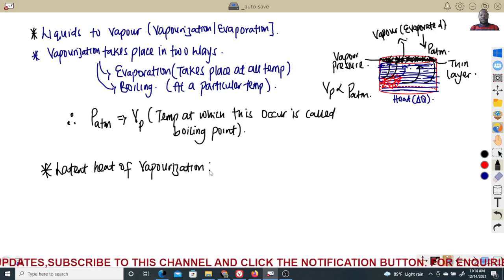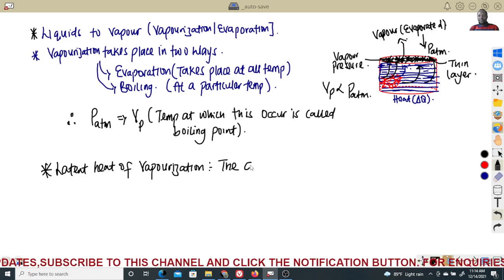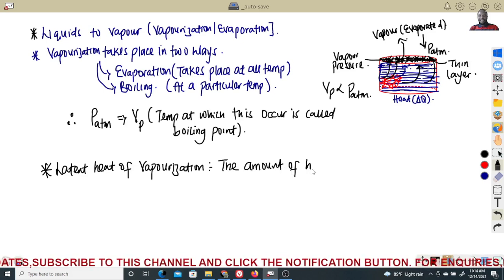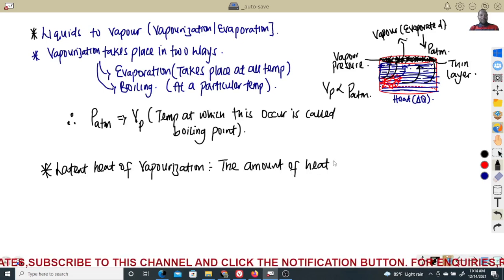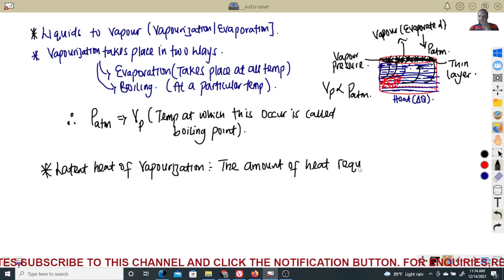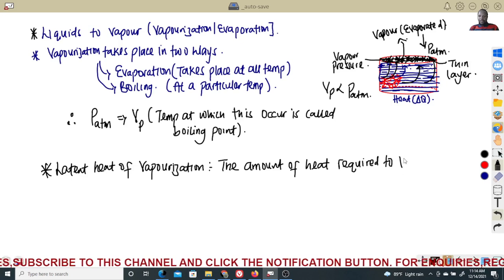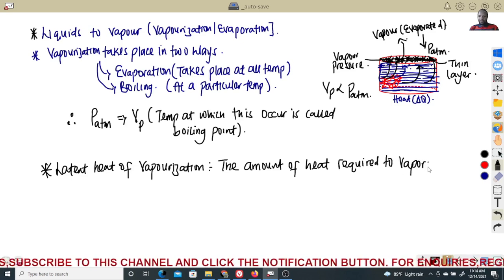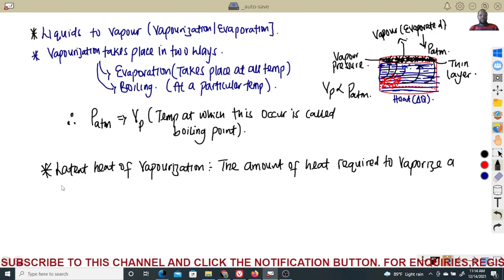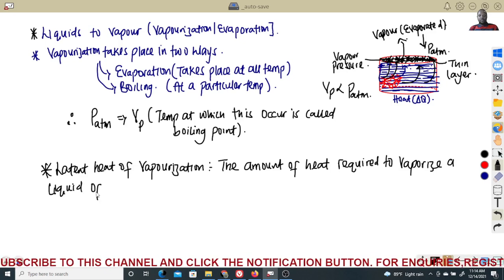So we can say, just the last one before we go to the illustration side, the amount of heat required to vaporize a liquid of unit mass. I just like using vaporize, nothing more.